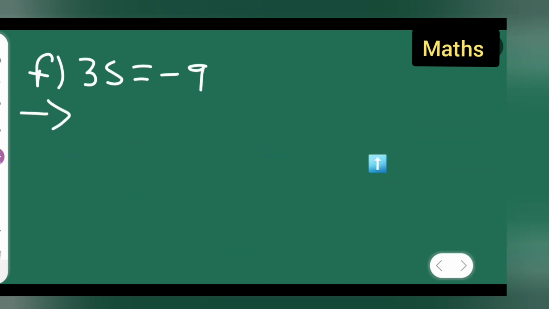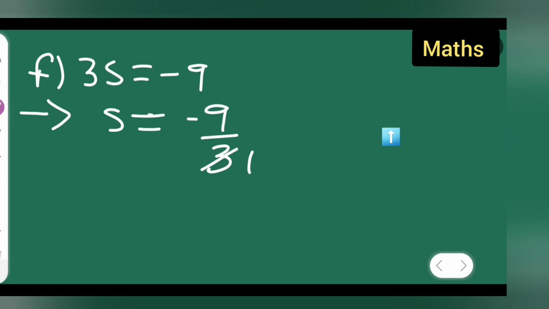Next, moving further, 3s is equal to minus 9 is given, right? So what are you going to write? S is equal to minus 9 upon 3. So 3 1s are 3, 3 3s are 9. So what is left? S is equal to minus 3.